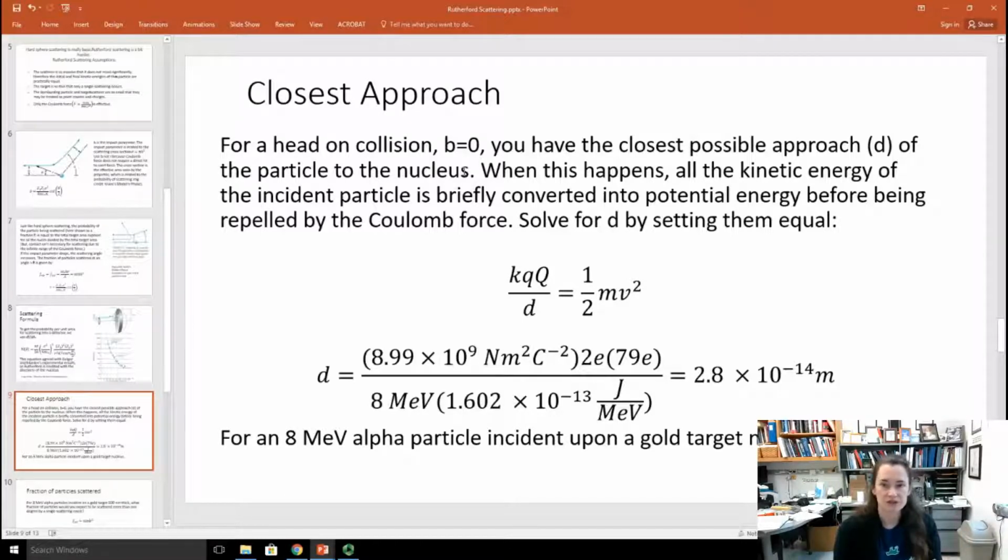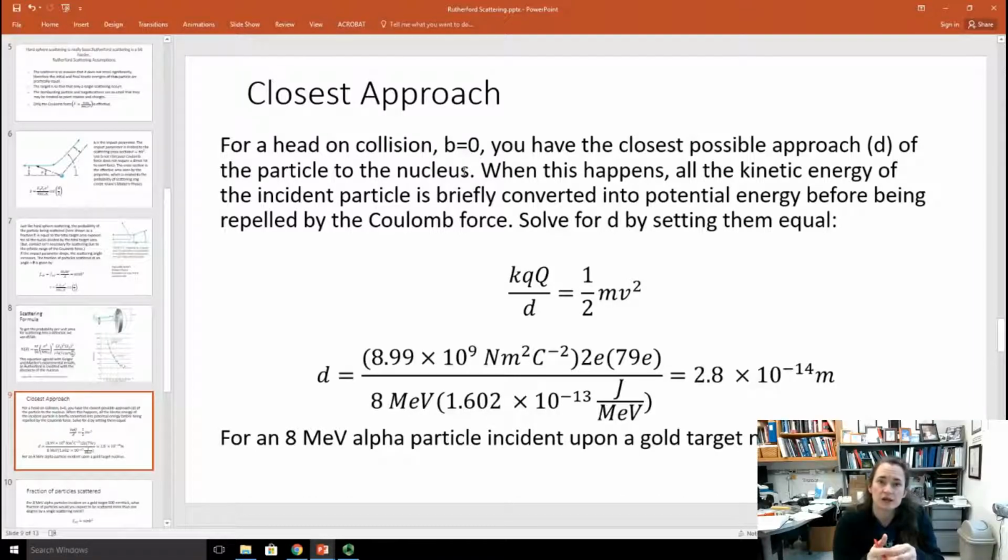And so you can think of it this way. If you assume that infinitely far away from your target, your incident particle had all kinetic energy, then as it approaches the nucleus, it's got to turn around and go back the other way. And when it turns around, for a split second, it's come to a stop.